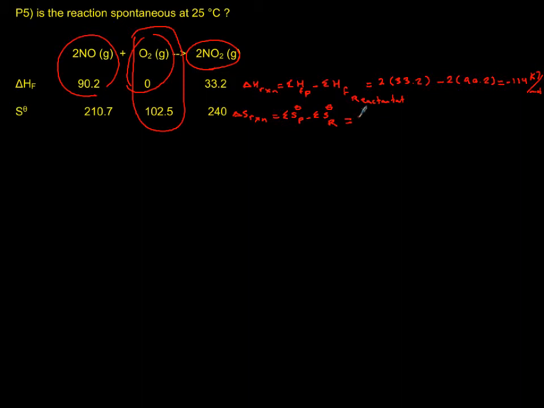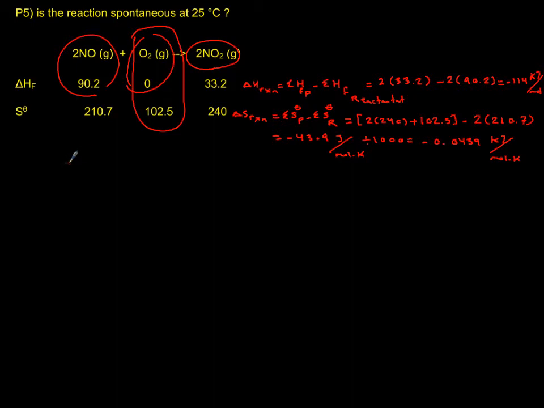So this is equal to 2 times 240 plus 102.5 for oxygen minus 2 times 210.7. When we do this, we get negative 43.9 joules per mole per Kelvin. Divide by 1000, so we have negative 0.0439 kilojoule per mole per Kelvin.